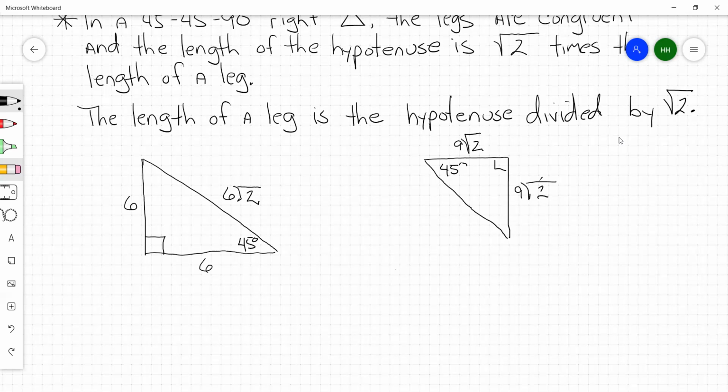All right, and this third side. Now, this isn't quite as simple as the last problem. So this third side, this x, we're going to say that x equals 9 radical 2 times the square root of 2.